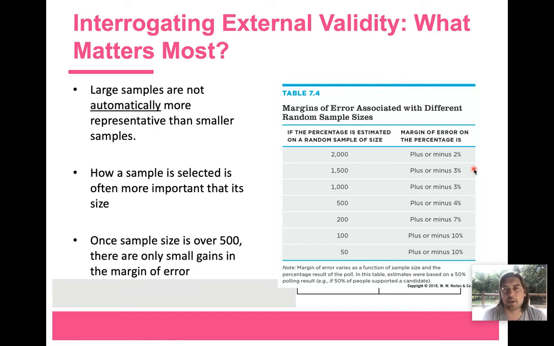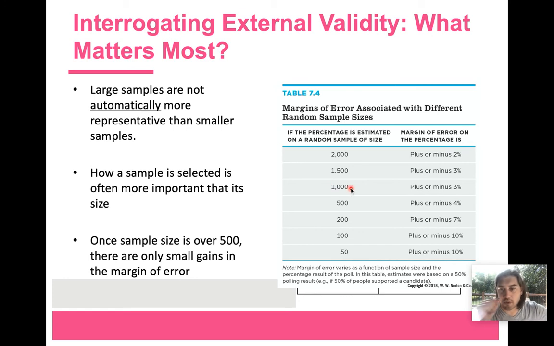And so you'll often see political polls that have margins of error around 3 to 4% because it's not really worth the time and the effort and the money to go from 1,000 to 2,000 participants, right? We're going to double our sample size only to reduce margin of error from 3% to 2%. So it's a rather trivial reduction in margin of error, but it doubles the cost of our survey.